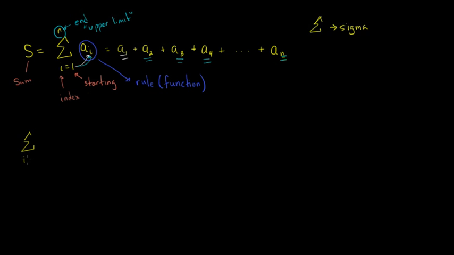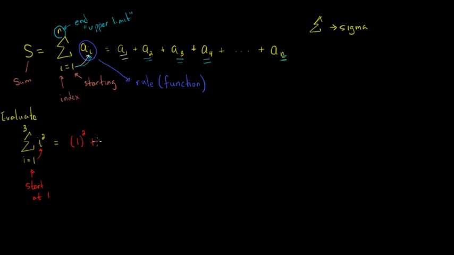I want you to evaluate the sum from i equals 1 to 3 of i squared. Keep in mind that our starting value is 1. So we plug a 1 into our function, and I'd have 1 squared.